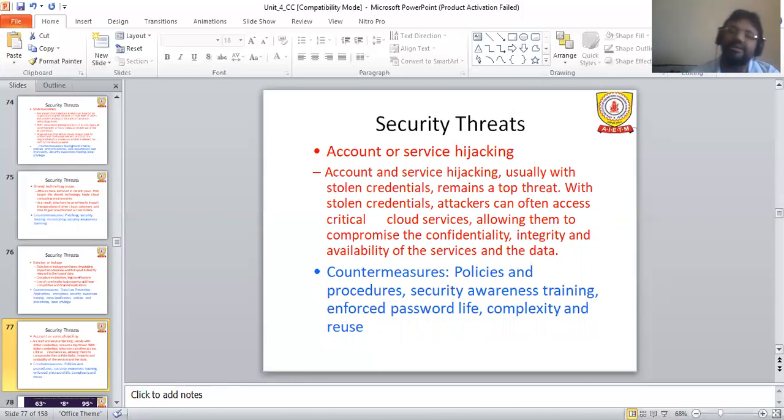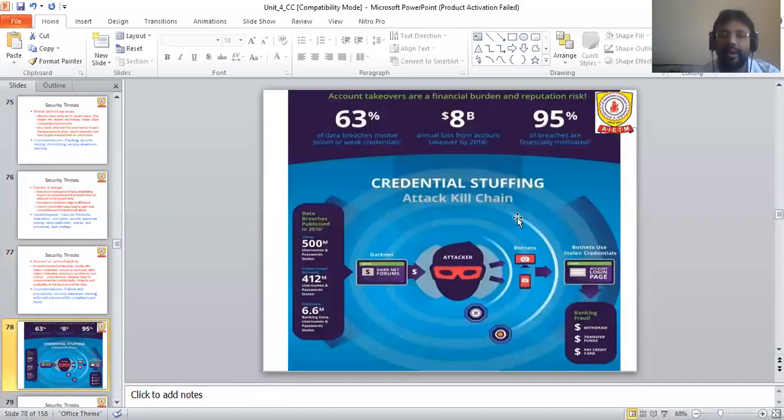Such threats generally happen with enterprise applications where more security is required, and much more stress testing and performance testing. These are the countermeasures that we require to protect our data and account.